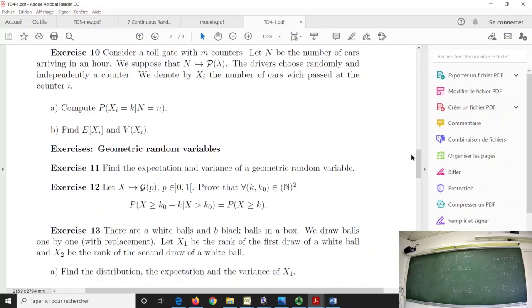What is N? Yes, but N is a random variable. Because if I tell you, okay, I consider as capital N the number of cars that I am able to see in the window, it will depend on the days. If you are on Sunday, less, I suppose. So capital N is a random variable, so you don't know a priori what is the number of cars that will arrive, let's say, each hour here.